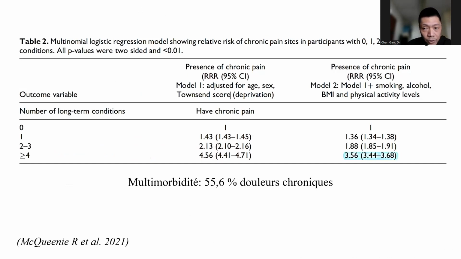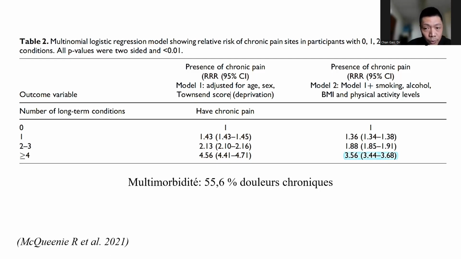This table shows the relationship between chronic pain and the extent of multimorbidity. The relative risk ratio of chronic pain across the count of long-term conditions was examined using multinomial logistic regression, and there are two models here.